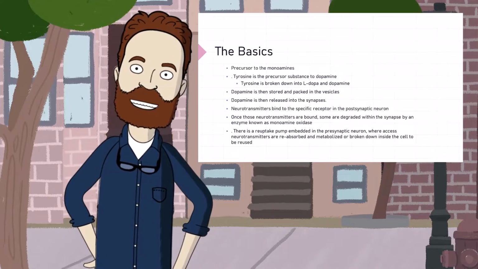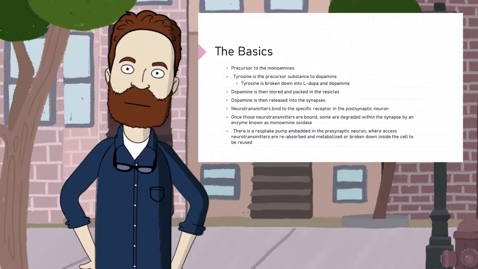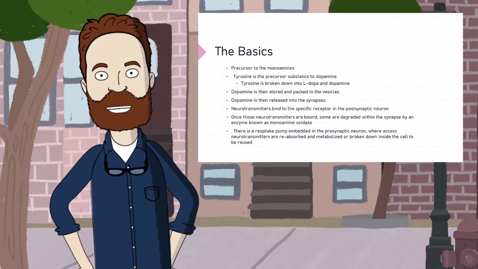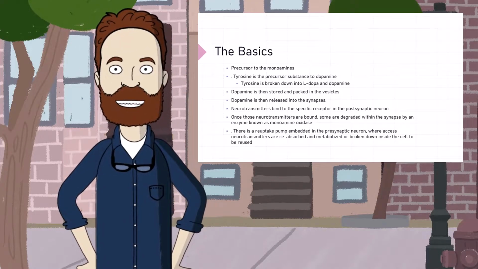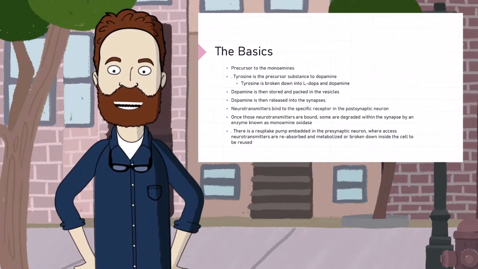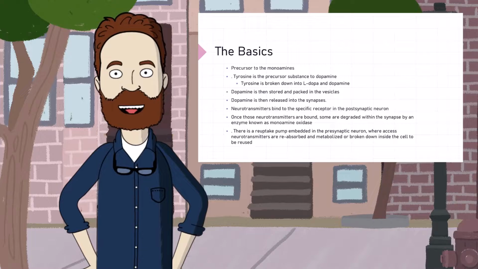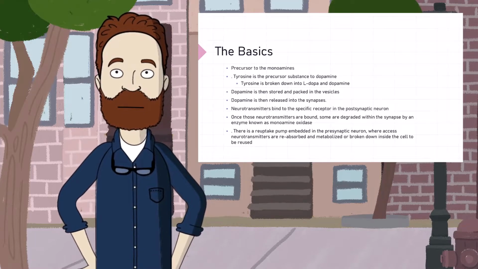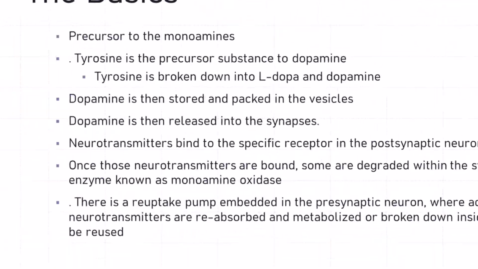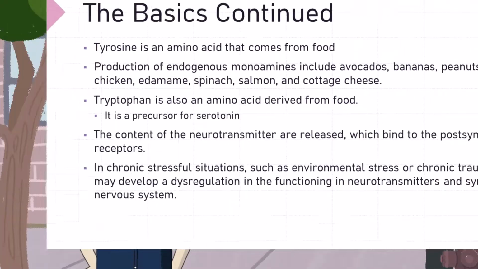So we've got to keep that chain of events in mind. And there's actually a reuptake pump embedded in the presynaptic neuron where excess neurotransmitters are reabsorbed. So some of the neurotransmitters get reabsorbed and metabolized back into the cell to be reused. Now, here's the thing with tyrosine.